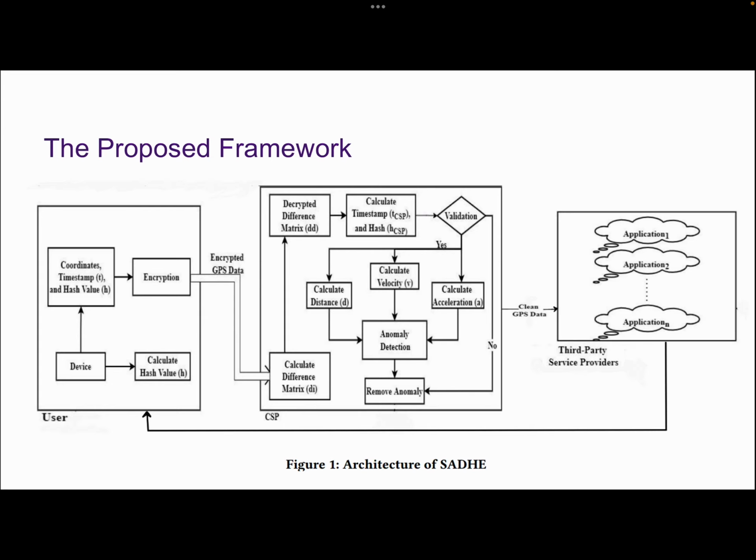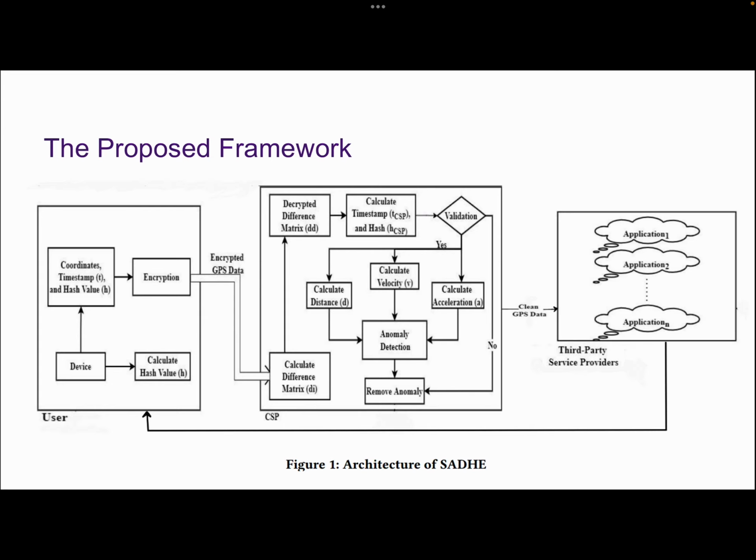If you look at the architecture here, there are three main entities. First of all, the user, where the device generates the coordinates, that is the latitude, longitude, along with the timestamp, and a hash value is computed for each of these coordinates. Then it is encrypted using the standard fully homomorphic encryption and sent to the CSP.